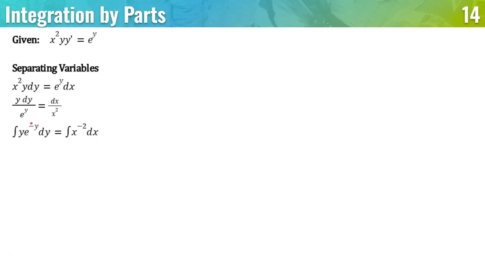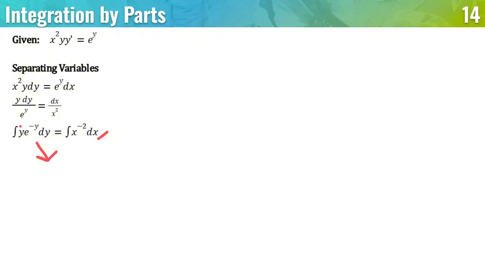Rewriting e raised to y as e raised to negative y in the numerator, we can now take the integral of both sides. So now, this is easy to integrate. We can integrate this one. And now this one has to go in the table for integration. So negative y dy.